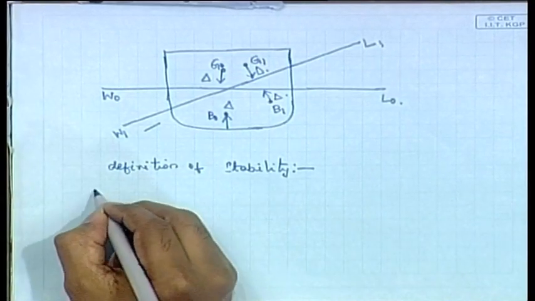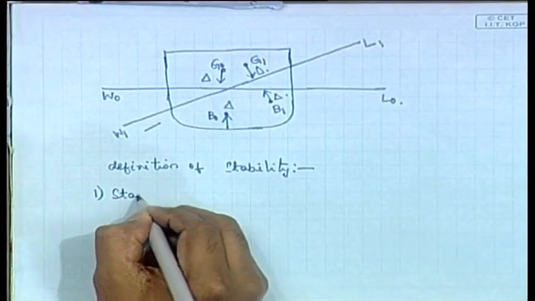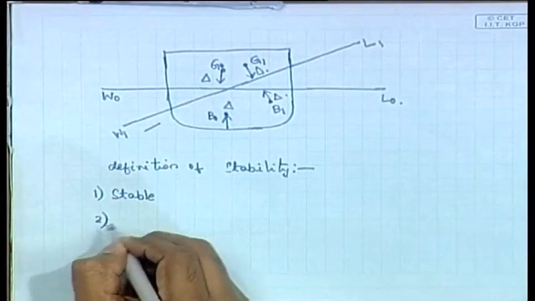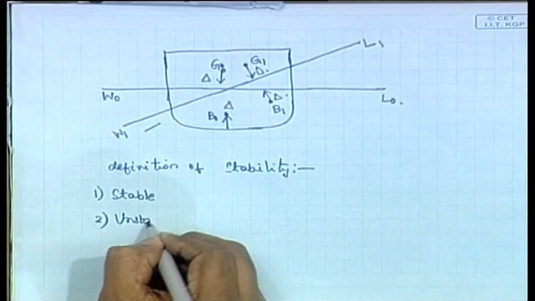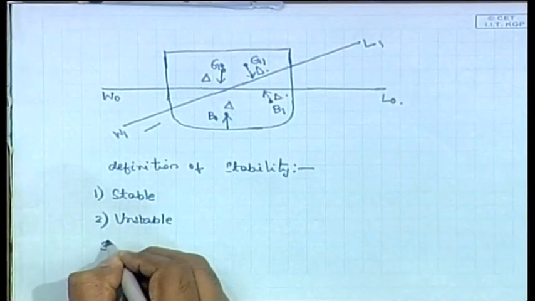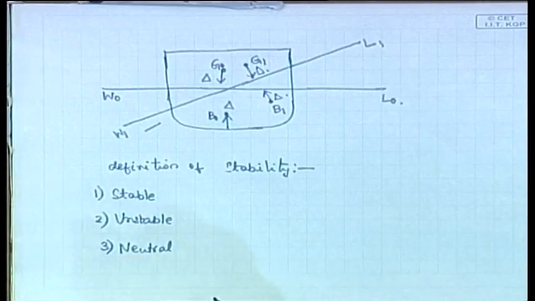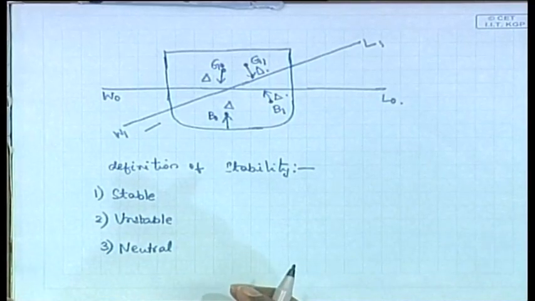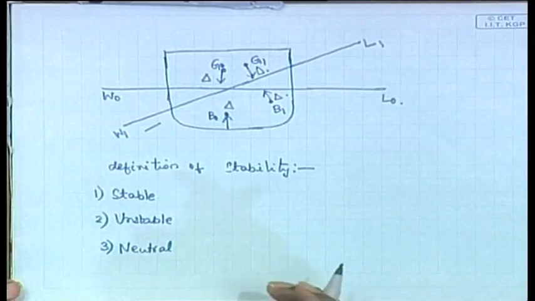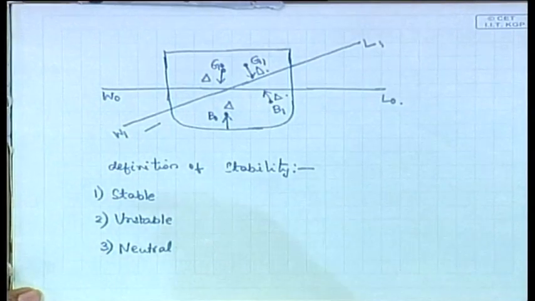The first one is stable equilibrium. I will just write the names here. So, there are three types of equilibrium: stable, unstable and neutral equilibrium.